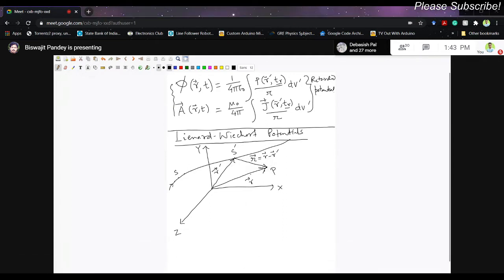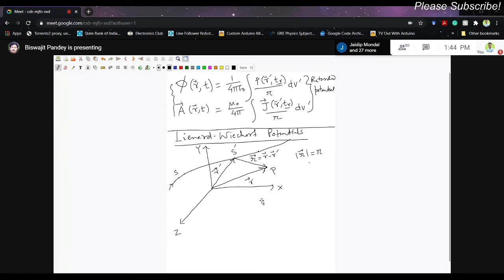It is very straightforward to show, because suppose there are two source points here and here, which have, from the field point, distances, say, curly r1 and curly r2. So what is this curly r? Curly r is the magnitude of the vector.